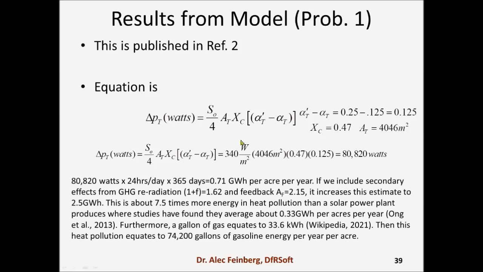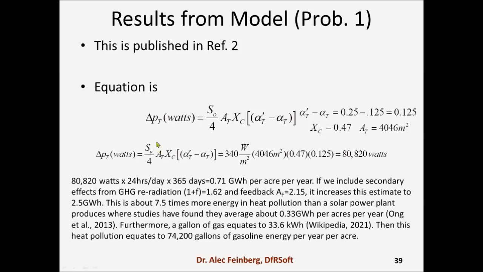So that came out to 0.125. So this is a very straightforward equation. It comes out to about, and if you want the derivation, it's in the reference, okay, so now that's about 80,000 watts that comes out.